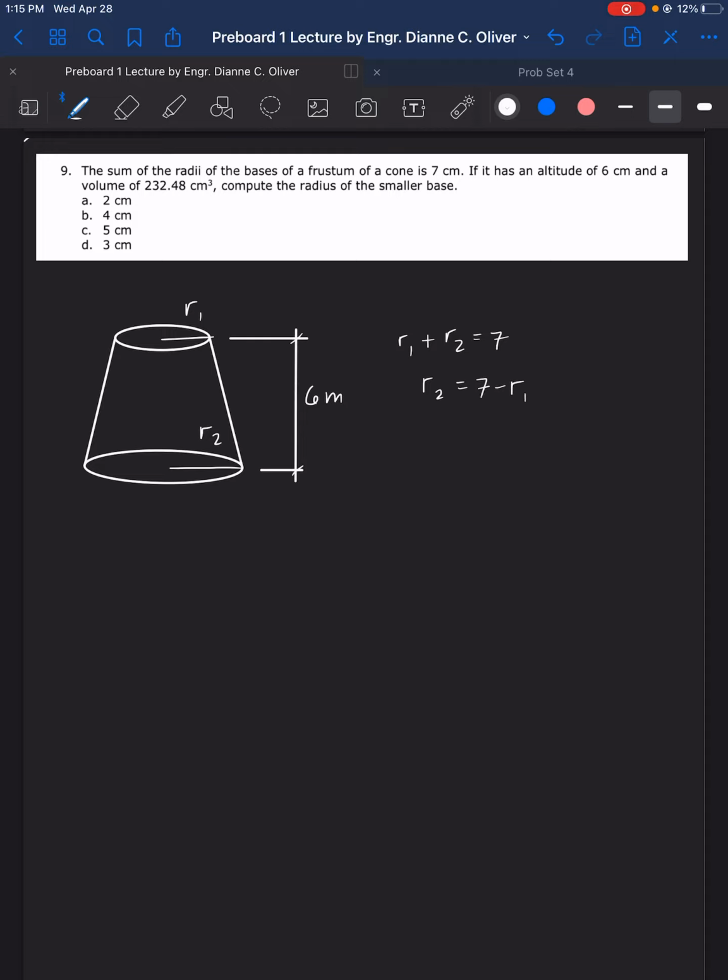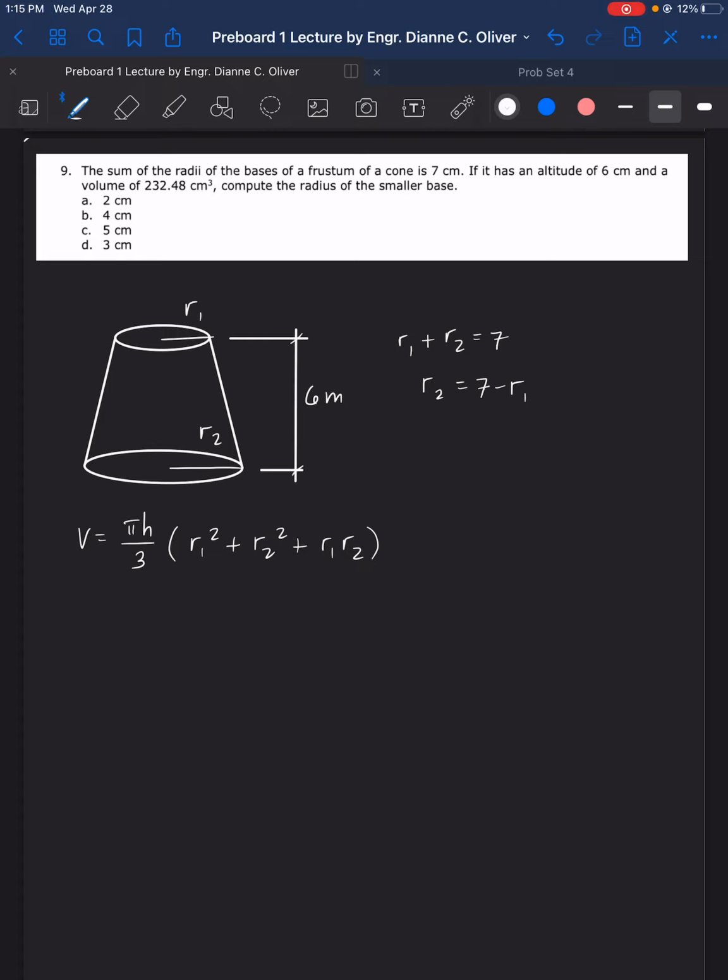And then for the volume of the frustum of a cone, that is pi h over 3 times R1 squared plus R2 squared plus R1 R2.